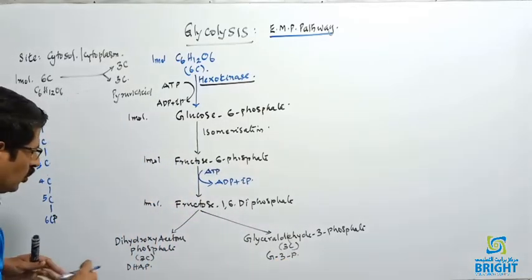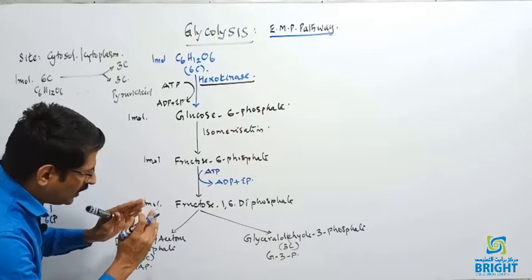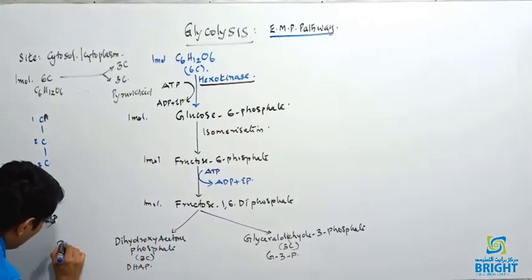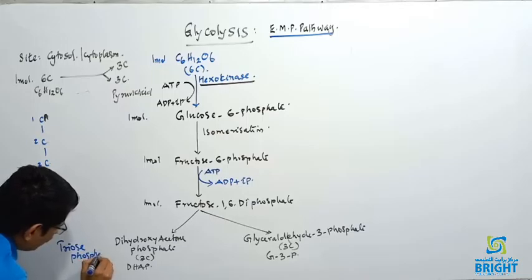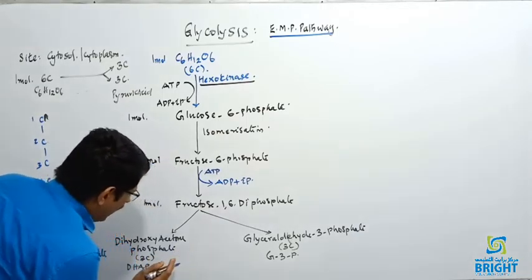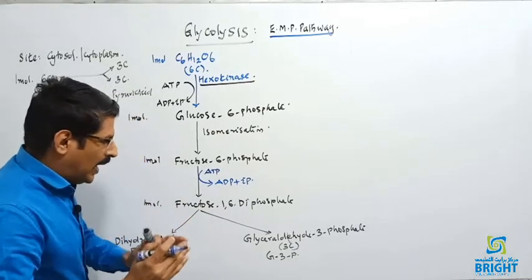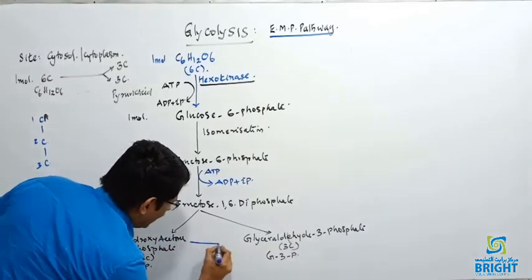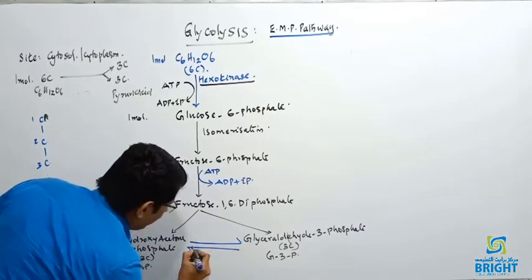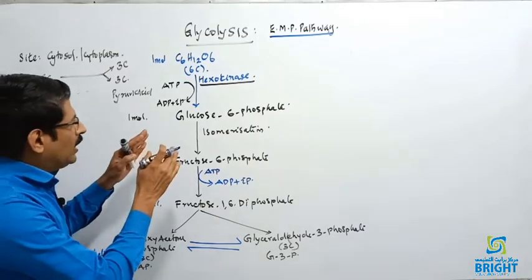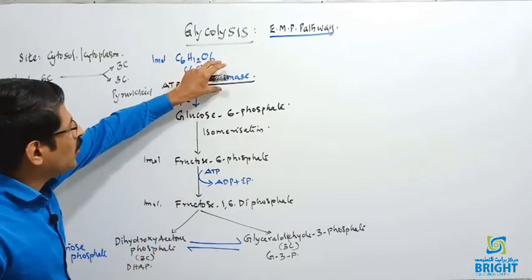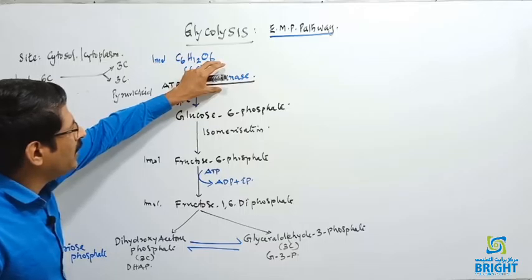These two molecules are 3-carbon compounds and they are triose phosphates. These are isomers with the same number of carbon, hydrogen, oxygen and phosphate, and they can be interconverted with the help of an enzyme.